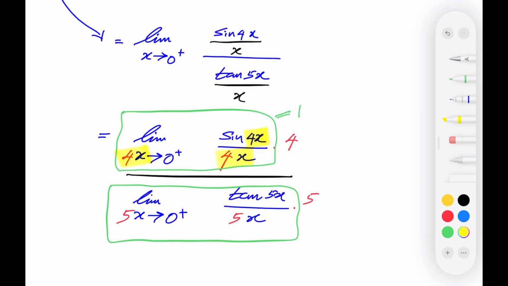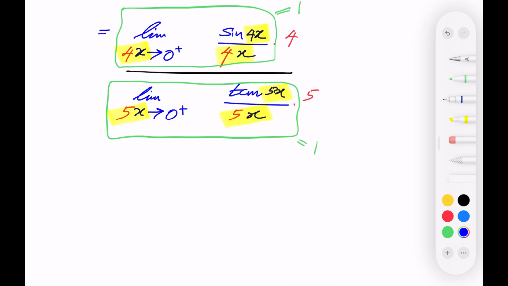Similarly, in the denominator, we have a 5x right here, 5x and 5x. All three places have the exact same figure and that approaches 0. Therefore, according to our theorem, this part should also equal 1. Therefore, our final answer for this problem should be 1 times 4 on the numerator divided by 1 times 5 on the denominator.